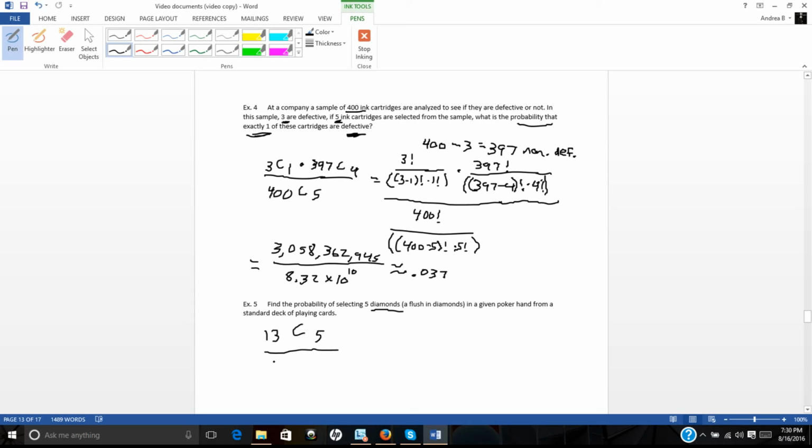Divided by, and then we have 52 cards all together, and we're selecting all 5. So once again, that 13 came from doing the 52 divided by 4, since there's 4 different suits in a deck of cards. So then here, whenever we're figuring this out, for the numerator, what you should end up with here is 1,287.